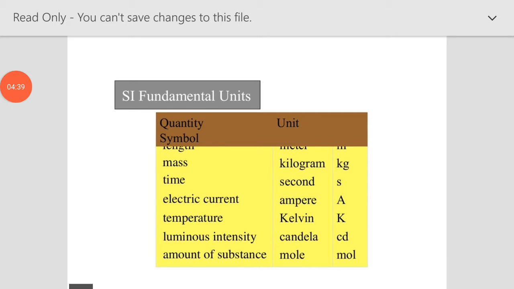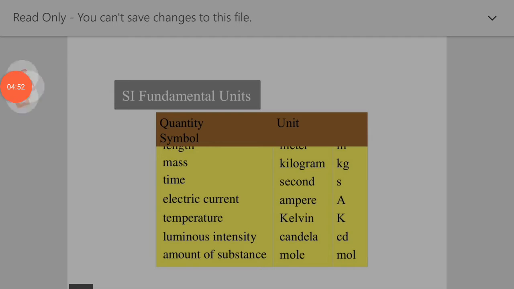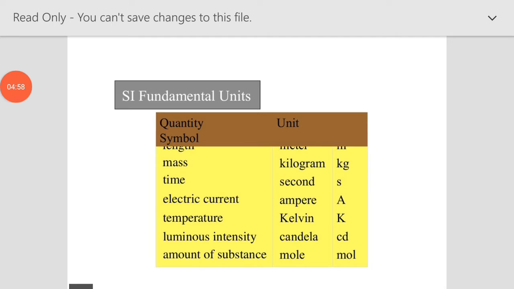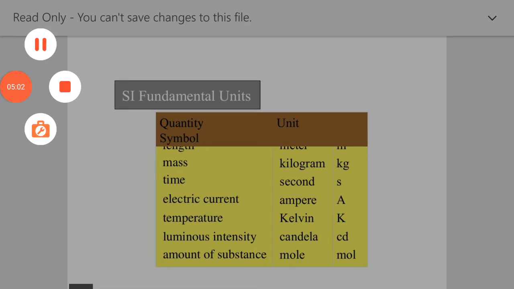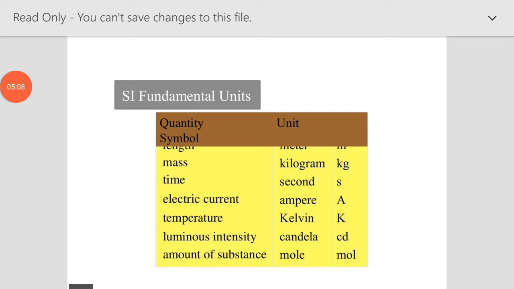Electric current, the unit is ampere, denoted by A. After that, temperature, kelvin, denoted by K. Luminous intensity, candela, denoted by cd. Amount of substance, mole, denoted by mol. These are the different quantity symbols and their units and their short forms.